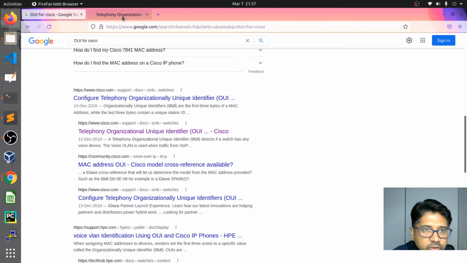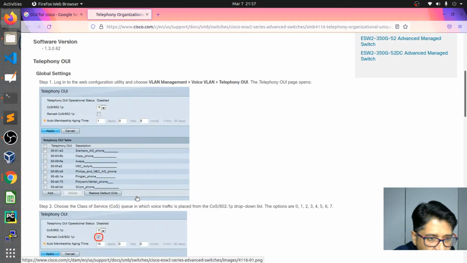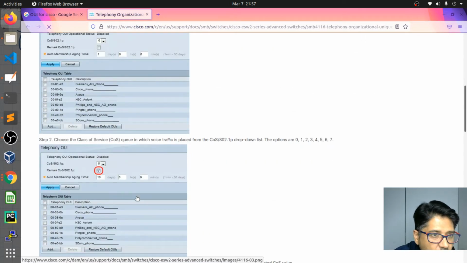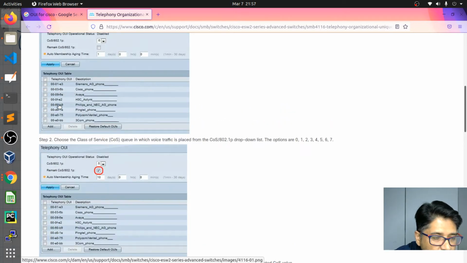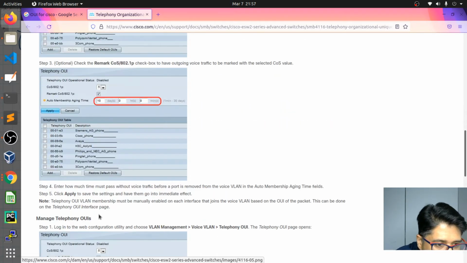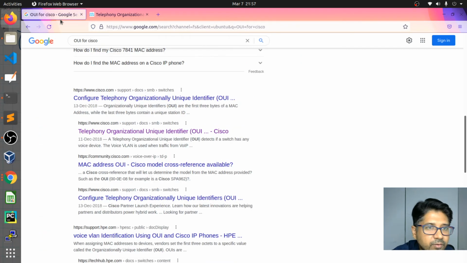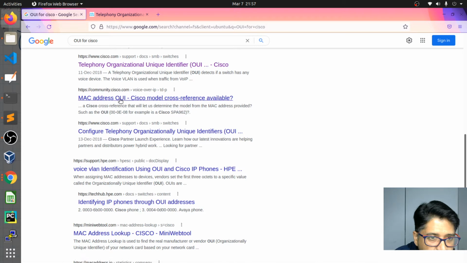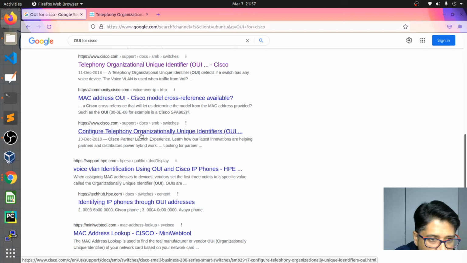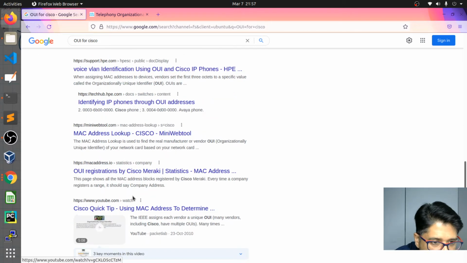Here you will find the list of how many companies we have. Here we have Avaya, Cisco phone, and this. This is the OUI registration for Cisco.